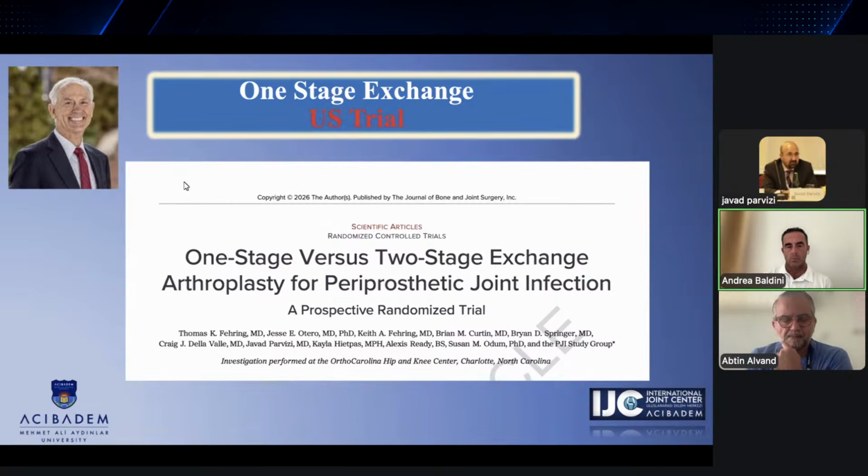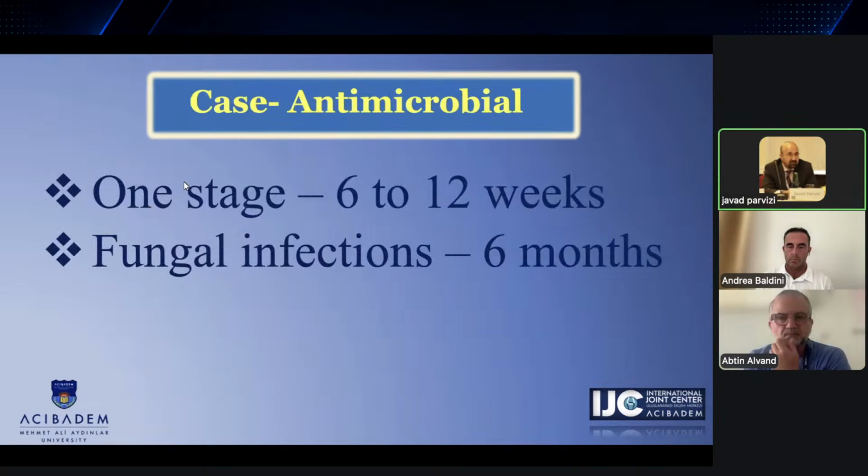Most people don't really want to do one stage for a fungal infection, which is understandable. That's why I think Andrea's and your point about doing a two-stage exchange is perfectly fine. But I think the three of us agree that it is worth giving this patient another shot at reconstruction, correct? Yeah, correct. So that's what we did. We did a one-stage exchange for her.